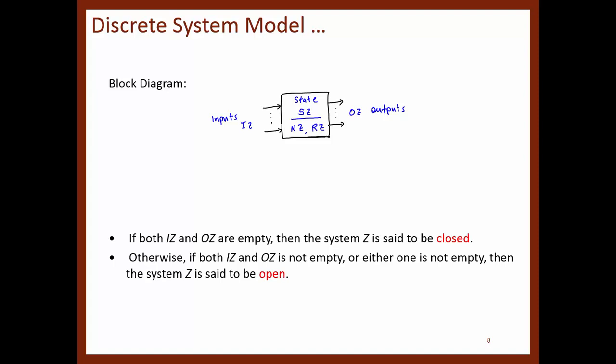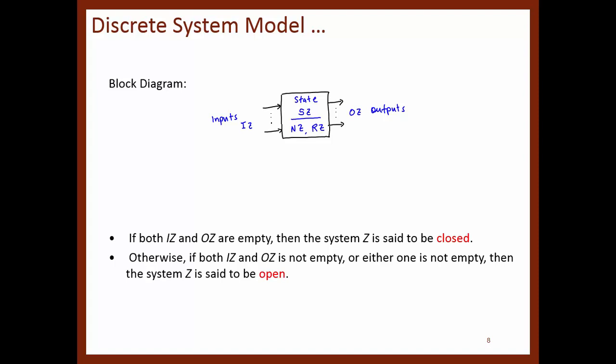We have the state transition function, which basically is going to use the information from the input and the current state to see if you need to change states in your model. And the readout function basically tells you if, by changing states, you need to generate some type of output for your model.